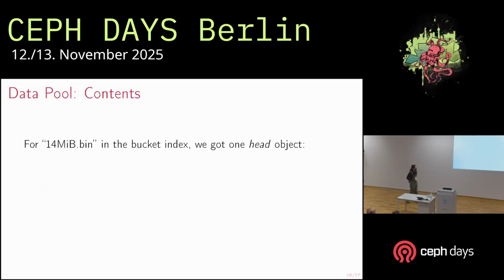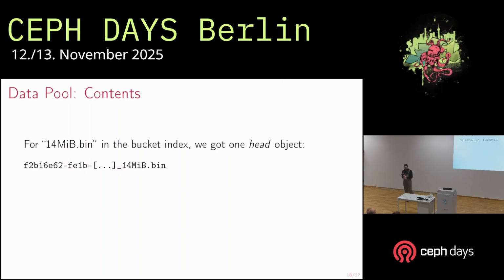Okay, so now it's getting a little bit more complex, and I have this example object that's named 14 megabyte because it's 14 megabytes of random data. And for this 14 megabyte object, we have one entry in the bucket index in one of these shards. And now we need to find where the data is placed.